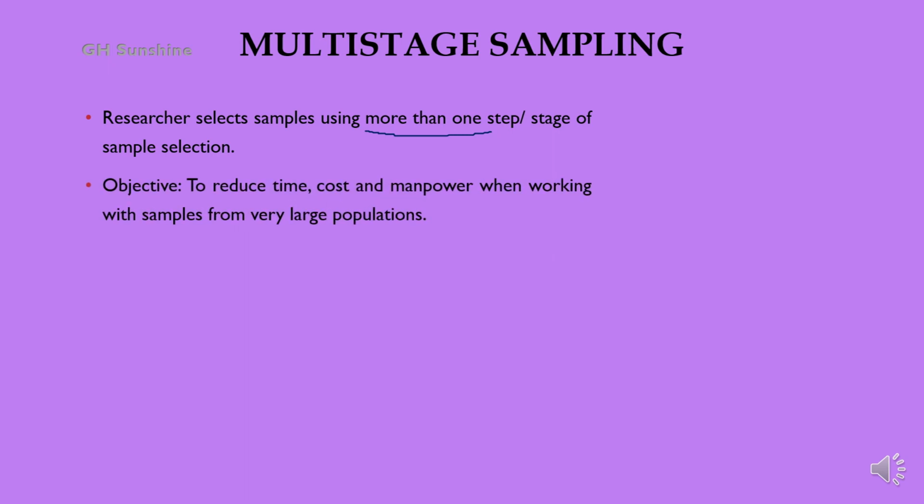So the objective of using this type of sampling technique is to reduce time, cost, and manpower when working with samples from a very large population. So for example, an immunization survey of school children in a particular state.